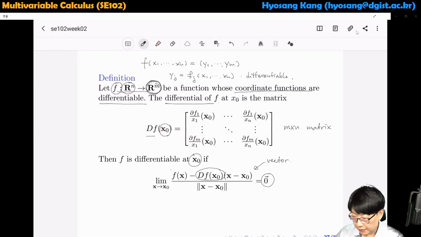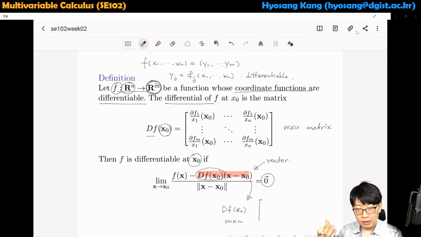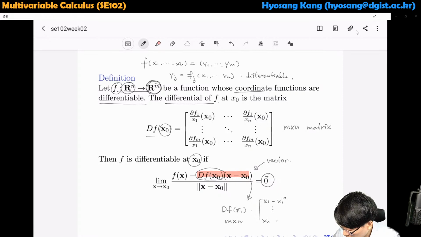because f(x) is an m-tuple of numbers, and what you see here needs a little bit of interpretation: this is the product of a matrix of size m by n with a column vector, because x minus x0 is a subtraction between two vectors, and we conventionally use the column vector instead of row vectors. This is nothing but x1 minus x10 up to xn minus xn0.